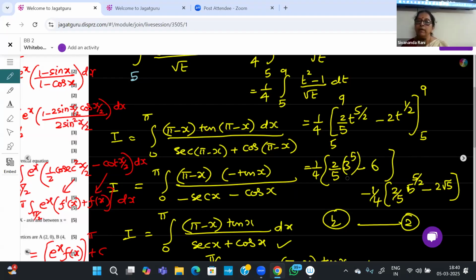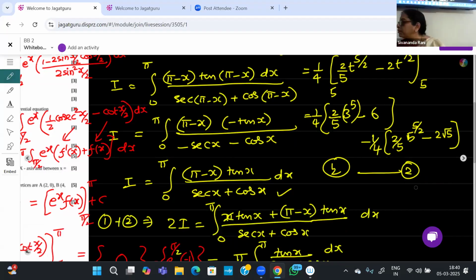So it will be 5 root 5 or 10 root 5. 10 root 5 minus 2 root 5 will give me 8 root 5. 8 root 5 will give me 2 root 5 ultimately. So the second part of that is 2 root 5.